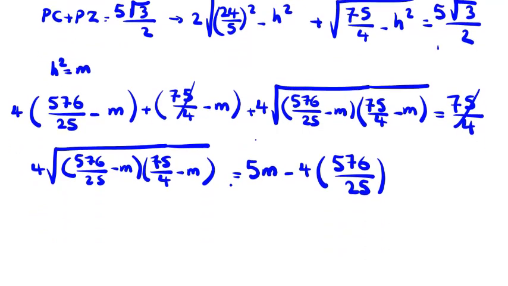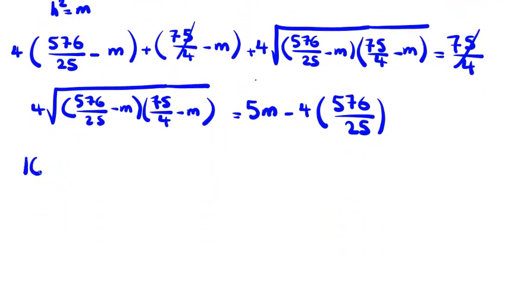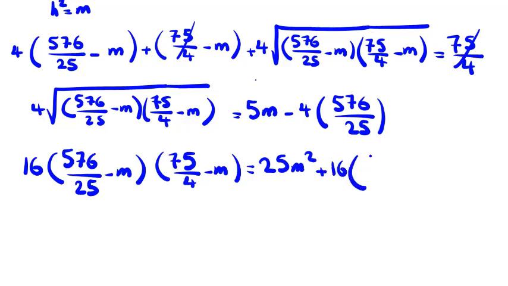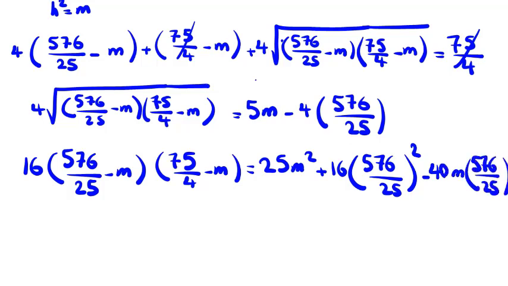Okay, now we raise both sides to the power of 2. Let's see what we have. Then we have 16 times 576 over 25 minus m, 75 over 4 minus m, equals 25m squared plus 16 times 576 over 25 squared minus 2 times this, 40m times 576 over 25.